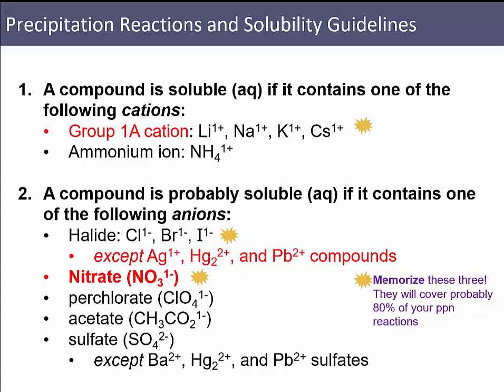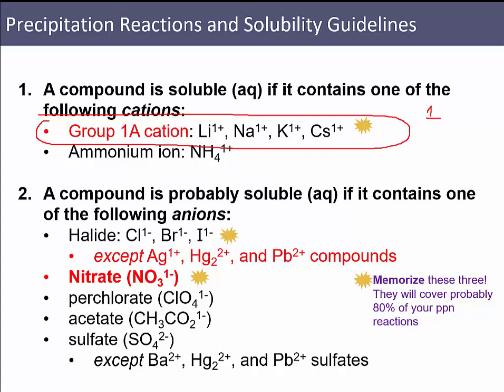So if you're in column 1, you're one of these guys with a +1 charge cation, you will be soluble. But it's only going to be these +1 cations that are in group 1, and ammonium. So anything with lithium in it will be soluble. Anything with sodium in it will be soluble. All sodium solutions will be soluble in aqueous solution. So memorize this one. And that's one thing to memorize.